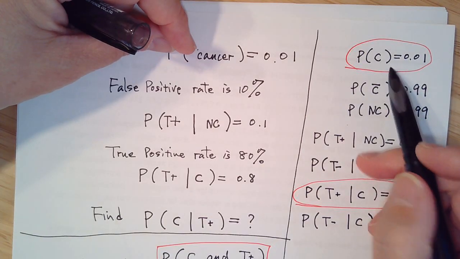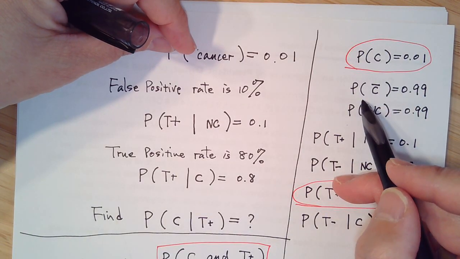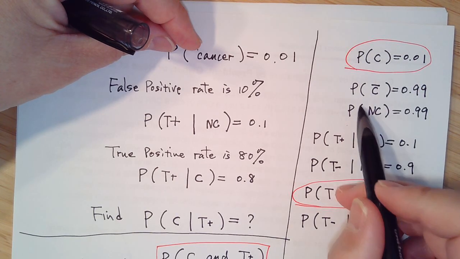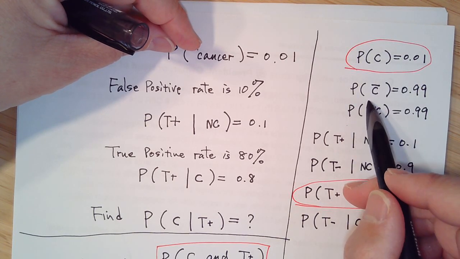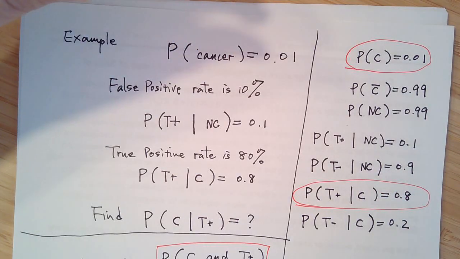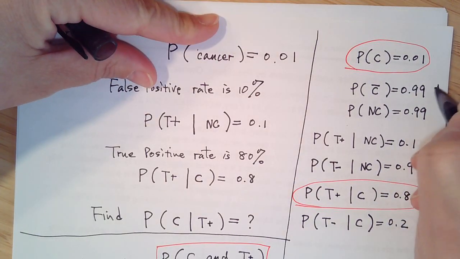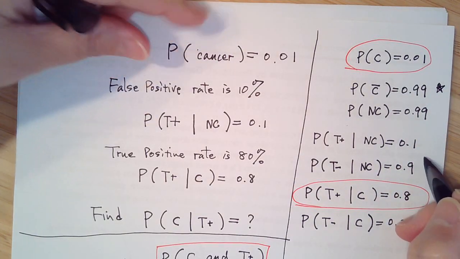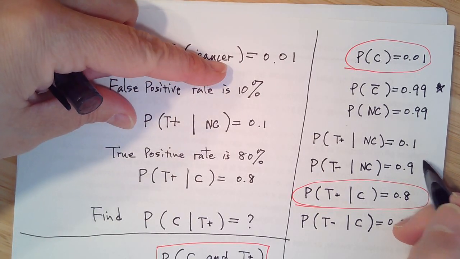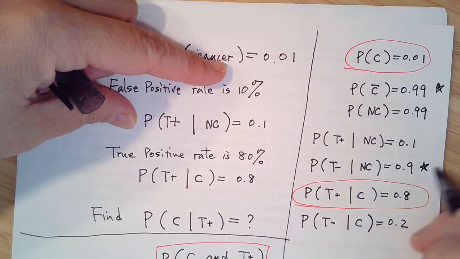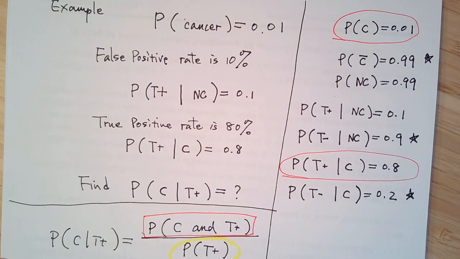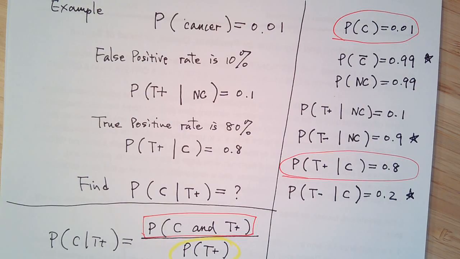At the same time, you put in whatever they didn't mention. For example, if they give you the probability of cancer is 1%, you put here the probability of no cancer is 99%. That will help you a lot. This one was not given, and for this one, they give you the false positive rate of 10%. They didn't give you this. All the things here that the question didn't give you, I put there because that will help me later.